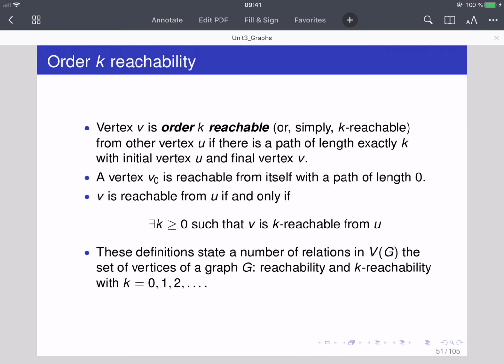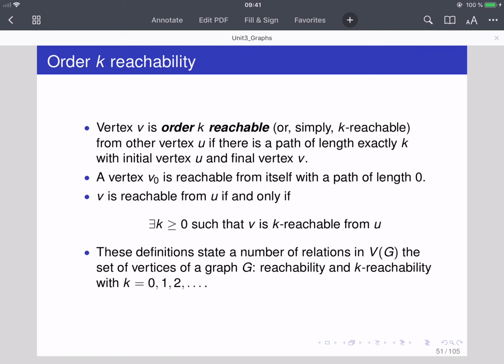Okay, remember that we say that a vertex V is reachable from a vertex U if there is a path from U to V. Now we are going to make a finer definition, in order of the length of the path that we can use to reach a vertex from another.